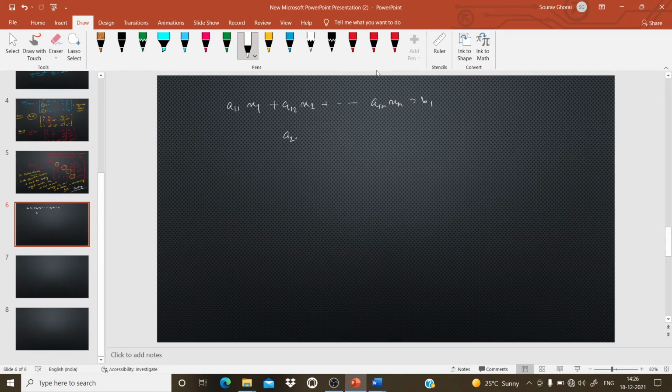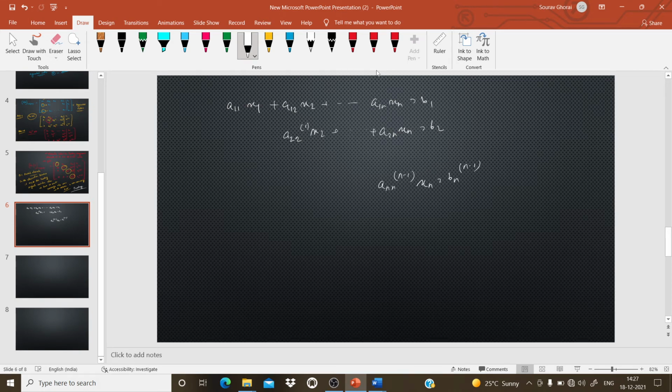Next we get a221 x2 plus dot plus a2n xn is equal to b2, and at last we get ann n minus 1 xn equal to bn n minus 1.